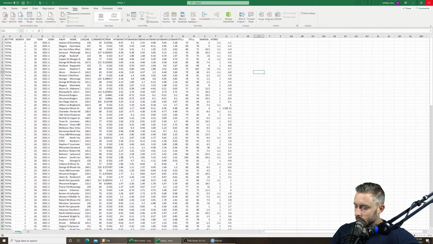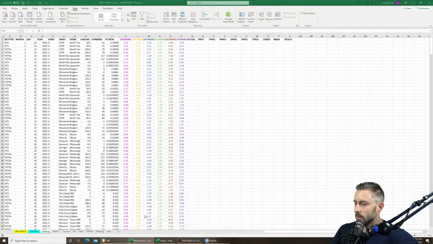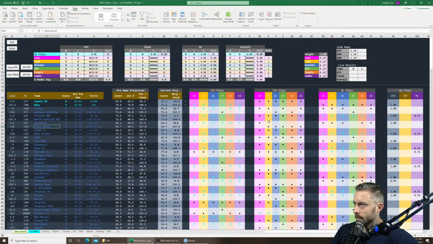At least we know what we're looking for on live totals when they come up. So between 2.5 and 3 for overs. This is going to remain 2.5, and then unders between like minus 1.5 and 1.5.